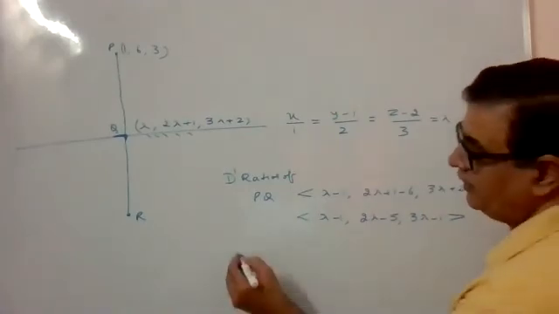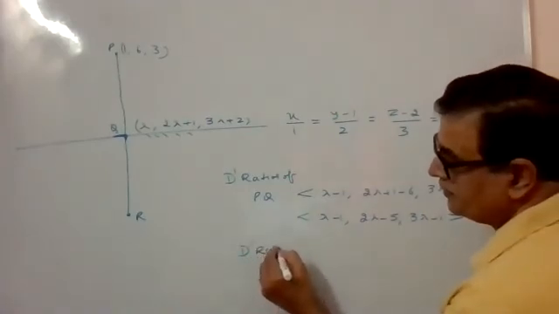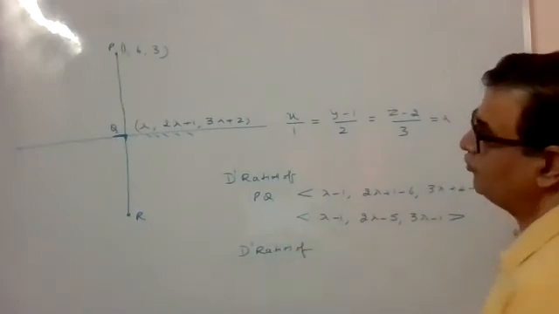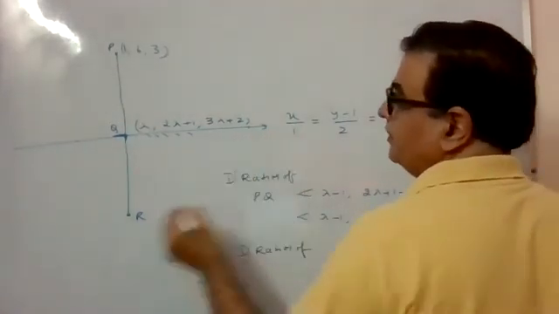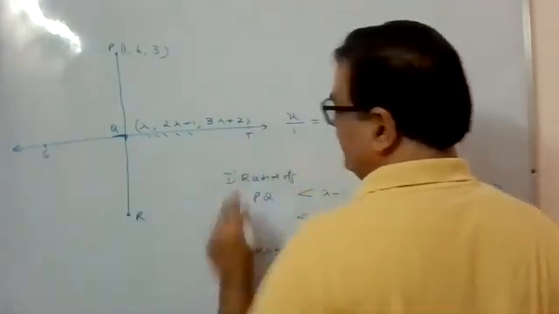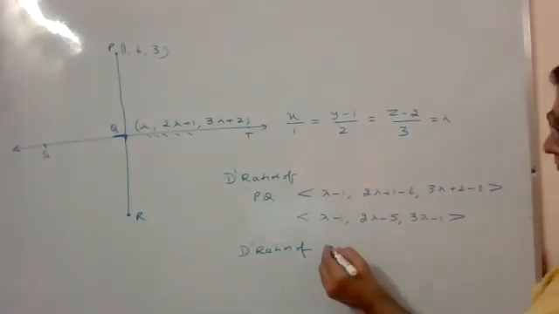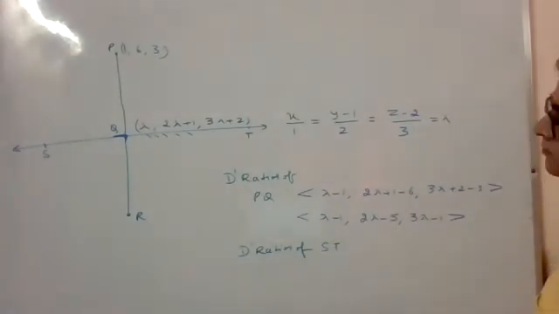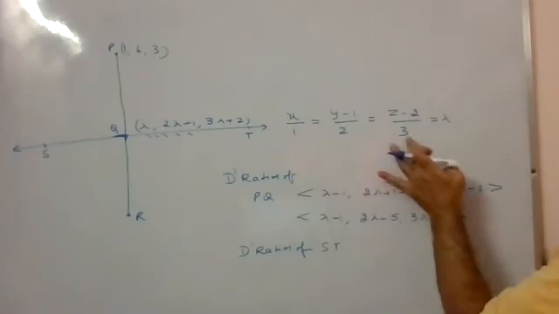In the same way we go for direction ratios of this line. Let this be ST. These are 1, 2 and 3.